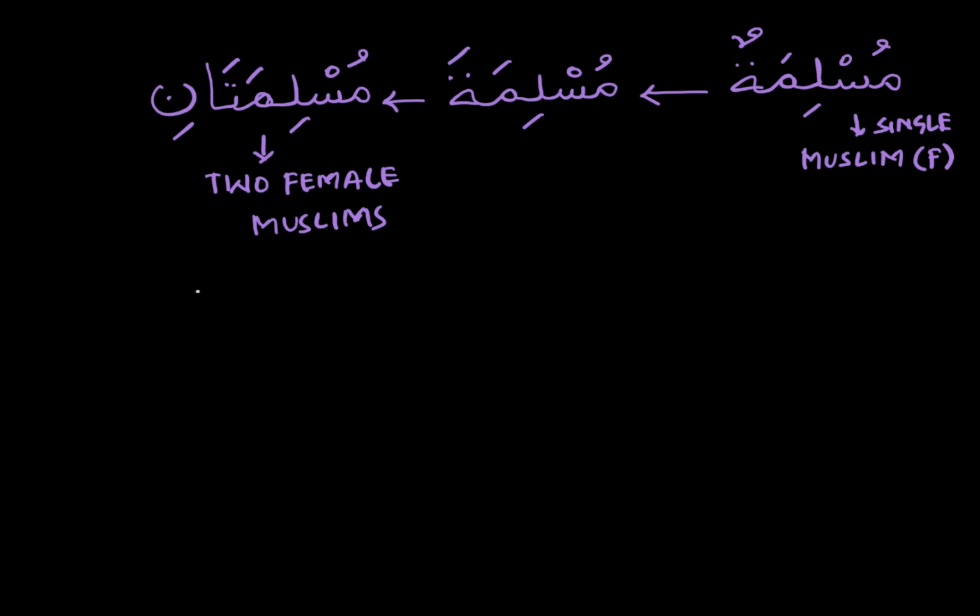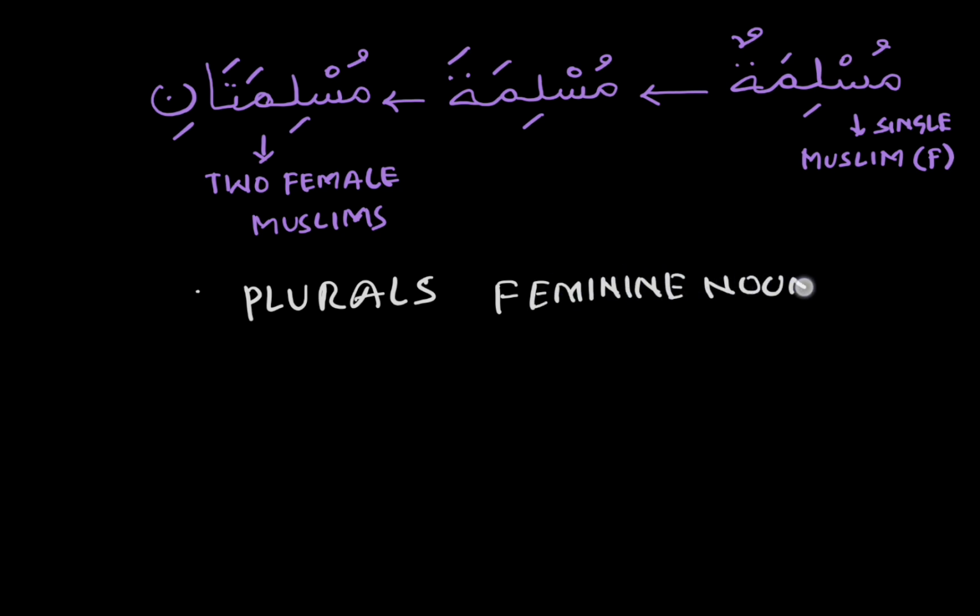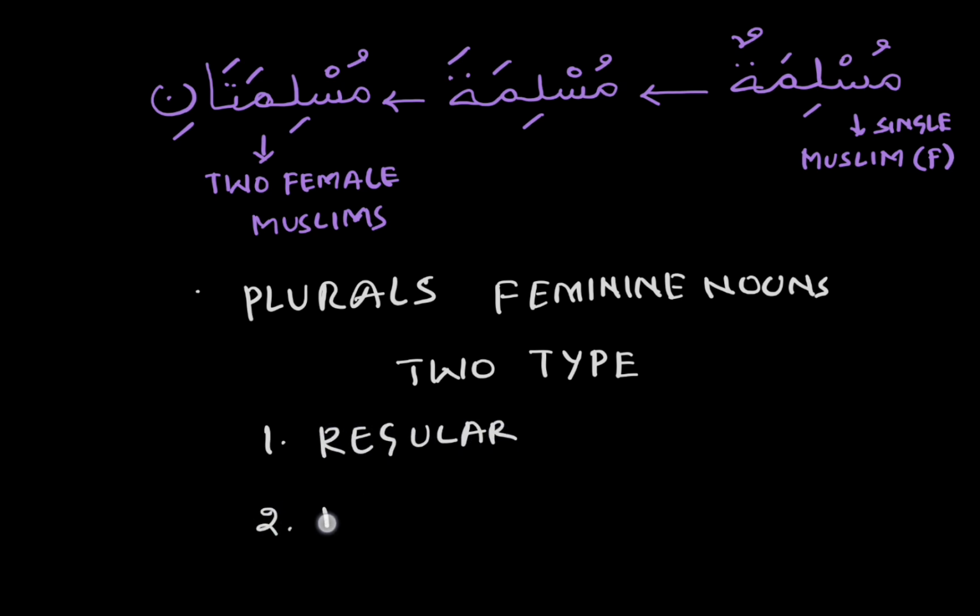Now let us learn about plurals in feminine nouns. What are the plurals in feminine nouns? Here also there are two types of plurals, as we studied in masculine nouns, that is regular plurals and irregular plurals.